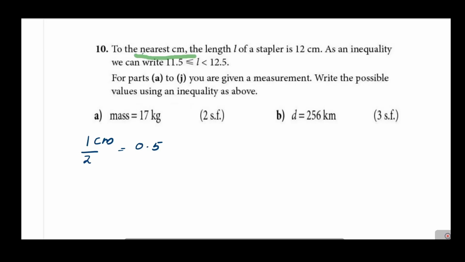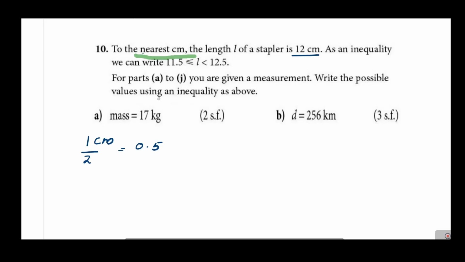To the nearest centimeter, the length L of a stapler is 12 centimeters. As an inequality, we can write it as 11.5 is less than or equal to L, the length of the stapler, which is smaller than 12.5.